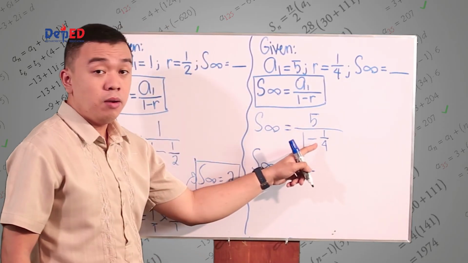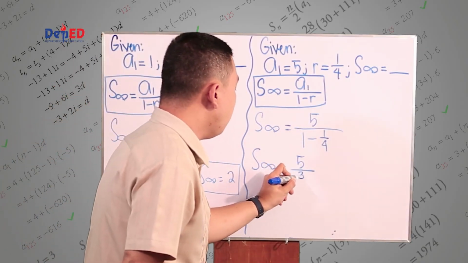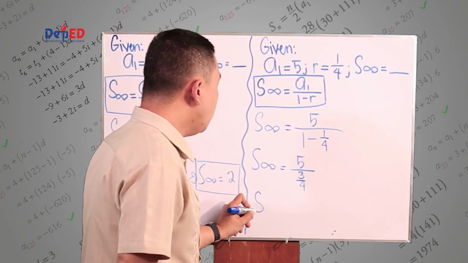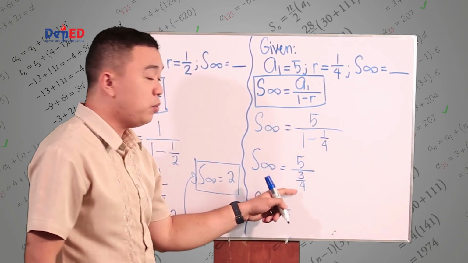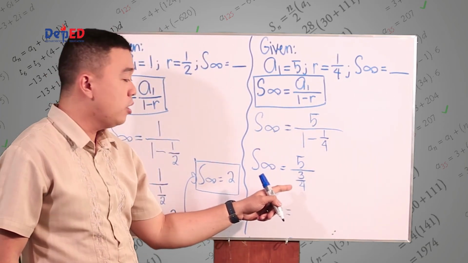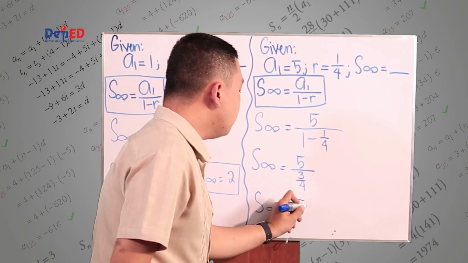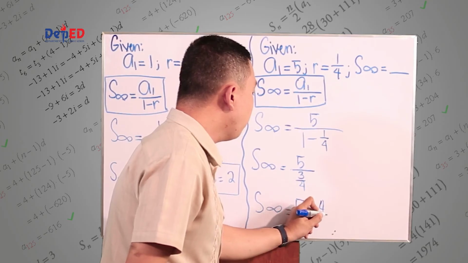The sum to infinity is equal to 5 divided by 1 minus 1/4, which will give us 3/4. Again, our denominator is a fraction, so we will get the reciprocal of the denominator. That's 5 times the reciprocal, which is 4/3.